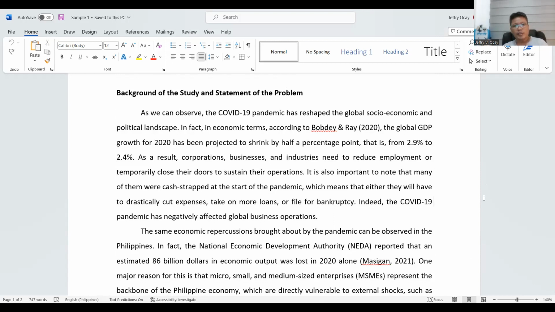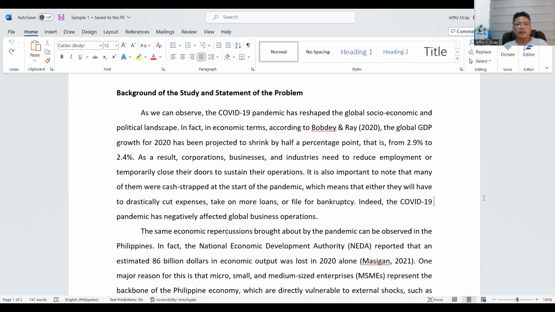In fact, in economic terms, according to Babday and Ray, the global GDP growth for 2020 has been projected to shrink by half a percentage point, from 2.9% to 2.4%. As a result, corporations, businesses, and industries need to reduce employments or temporarily close their doors to sustain their operations.